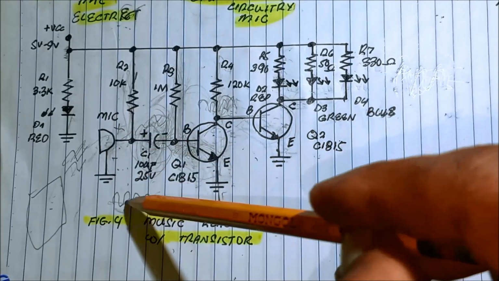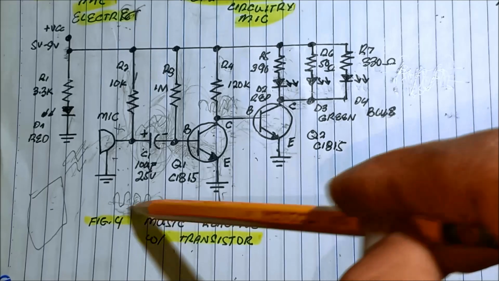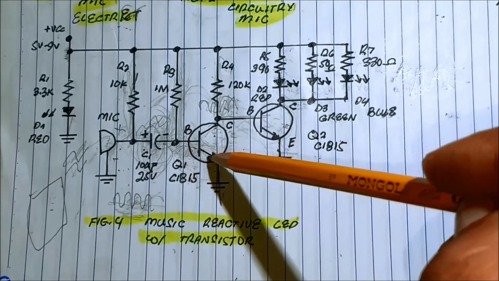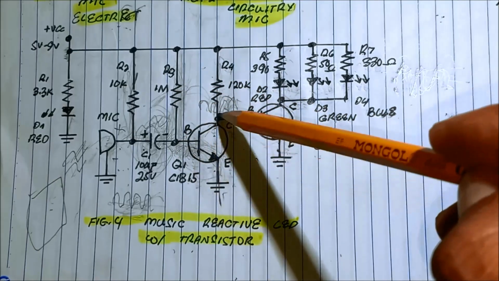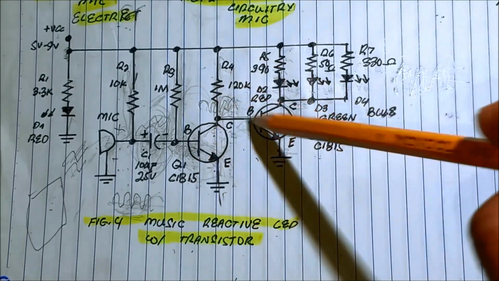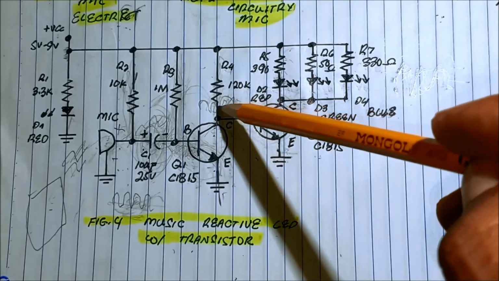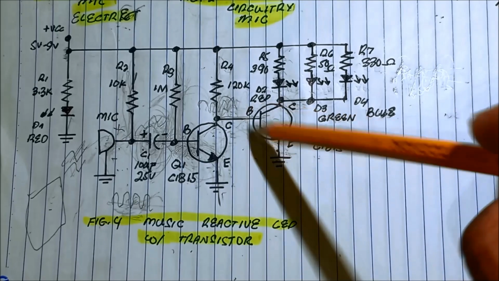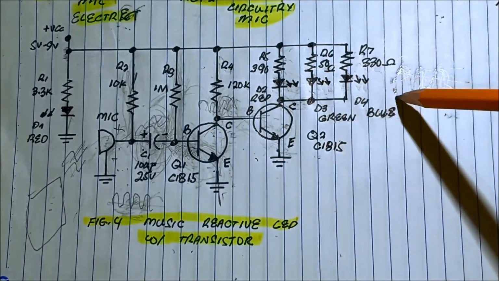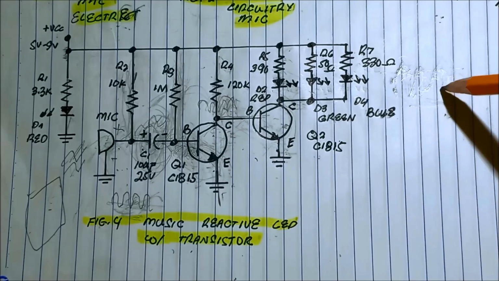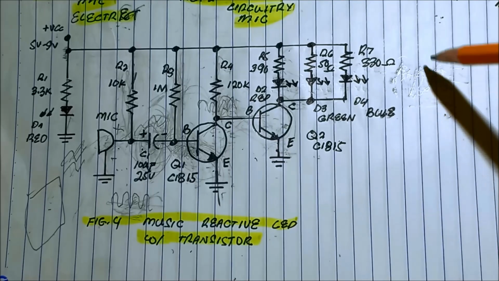Only the analog signal will pass through the capacitor and then to the base, to the emitter, and then amplified, becoming a bigger audio signal, and then amplified again, switching this LED on and off, because the nature of our waveform signal is analog audio.